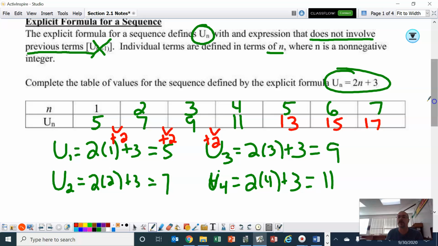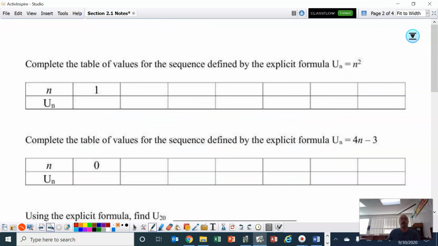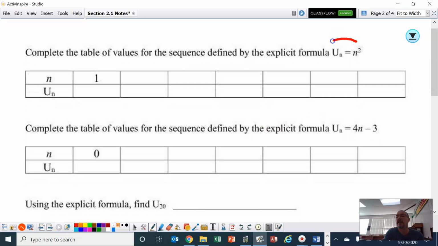Sometimes they're not always going to be straightforward explicit formulas like this. I'm going to do one now that is actually not arithmetic. Here we go. So in this one, you see that it's n squared. Let me switch to blue here.